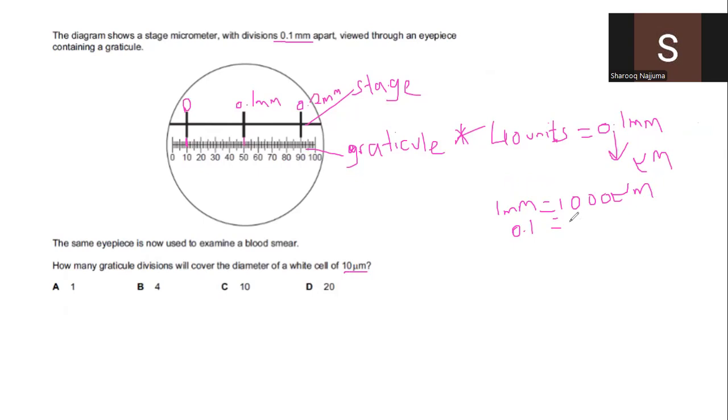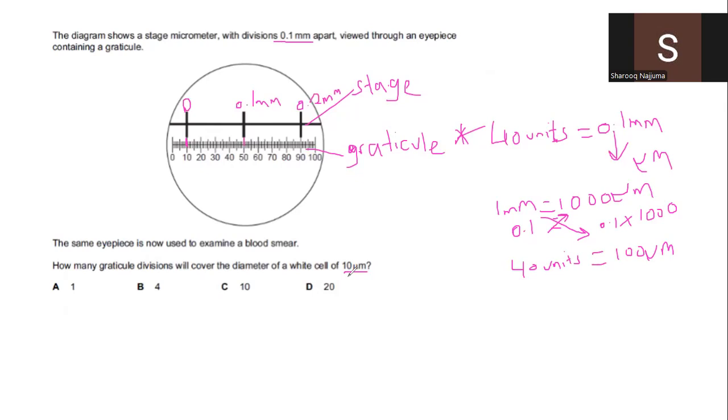How about the 0.1? To find the equivalent, you cross multiply. Do the math, 0.1 times 1,000, and the answer is 100. So I'm having 100 micrometers. Remember, these 100 micrometers are equivalent to 40 units.